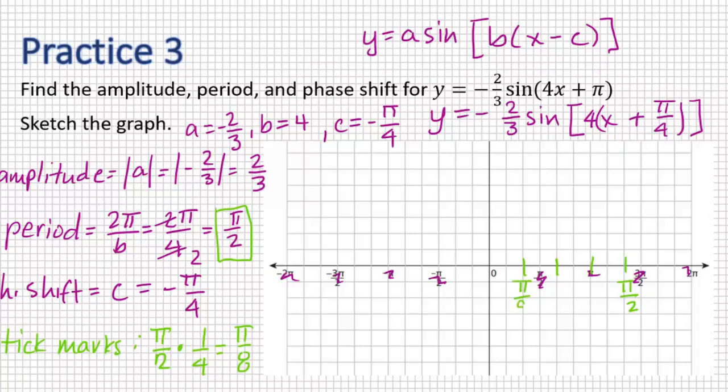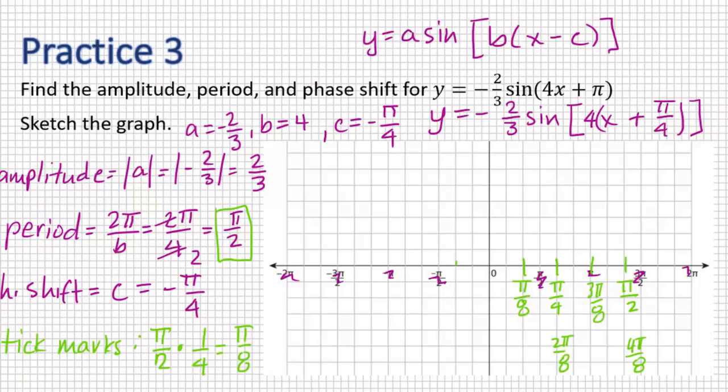So we have 1 times pi over 8, 2 times pi over 8, which simplifies to pi over 4, 3 times pi over 8, so 3 pi over 8, and then finally, 4 pi over 8. Does that simplify to pi over 2? Absolutely. So we've done this correctly.